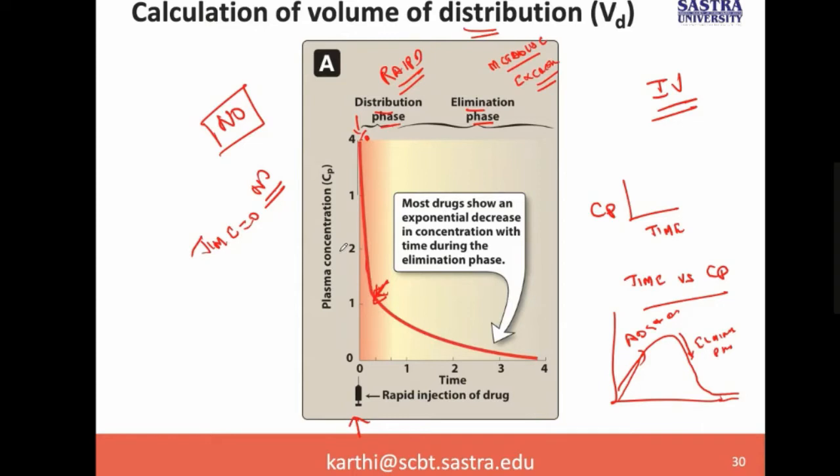Sir, is this volume of distribution calculation only for the intravascular mode of administration? No, it is for all. I'm just taking this as an example. Volume of distribution is the volume in which the drug molecule is distributed. It is for each and every drug molecule, not only for IV.